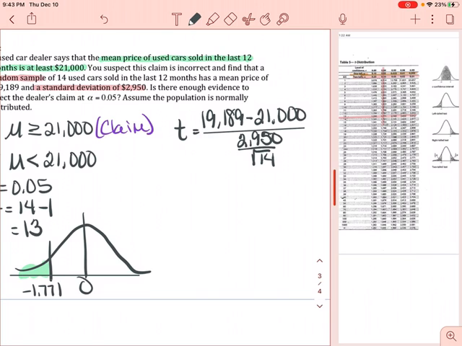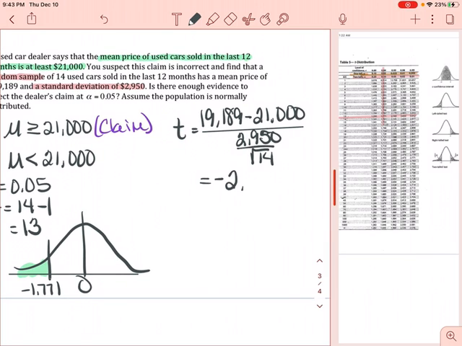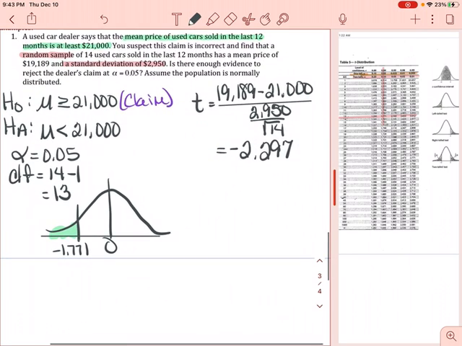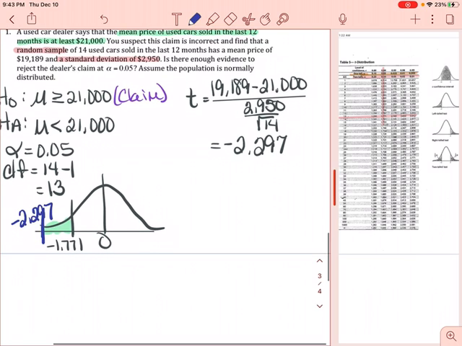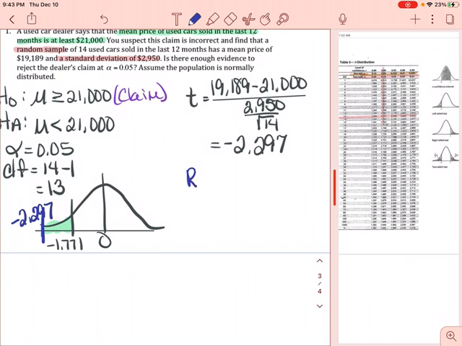All right, so I got negative 2.297. So I'm going to come over here, and is that to the left of negative 1.771? Yeah, it's all the way over here. There you go. So our decision is to reject H sub O and accept H sub A. There's our decision.